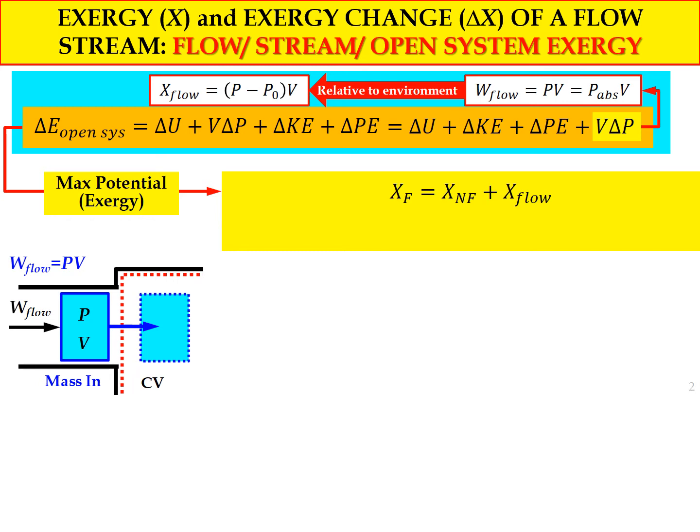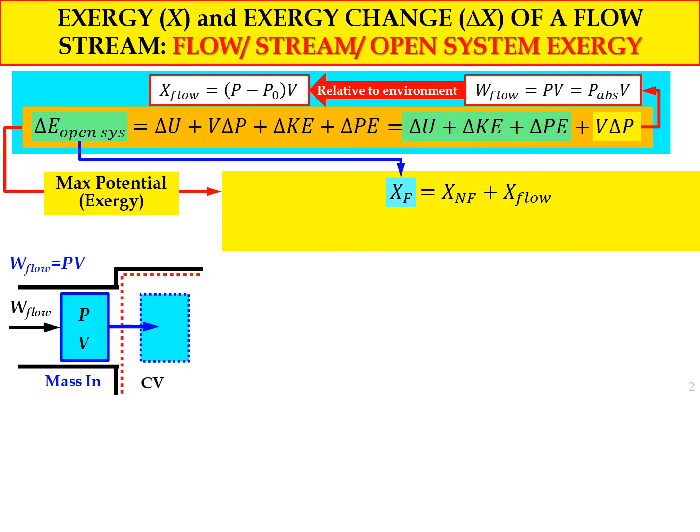So we have XF, exergy for the flow system, or exergy for the open system, based on the formula for delta E for the open system, which will be equal to X_NF, the exergy for non-flow system or exergy for the closed system, plus X flow. The exergy, what I call the maximum potential for the W flow, for the flow work.